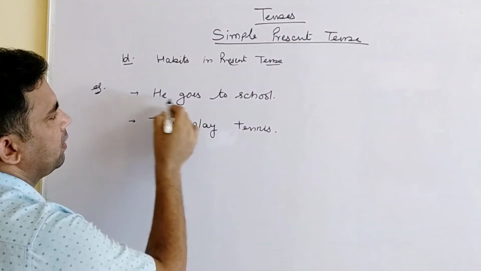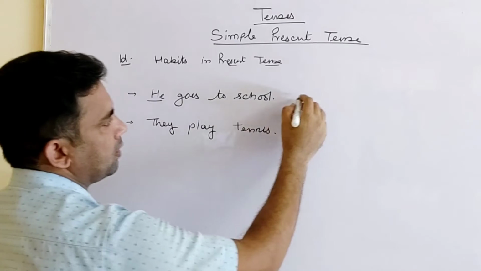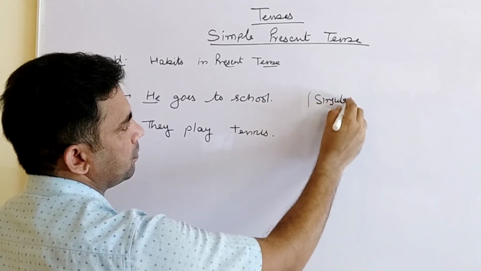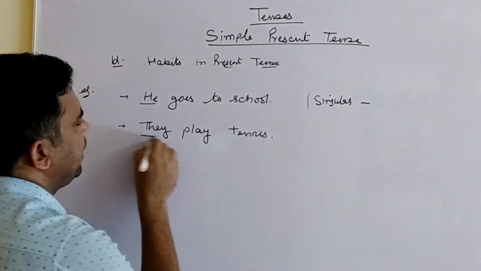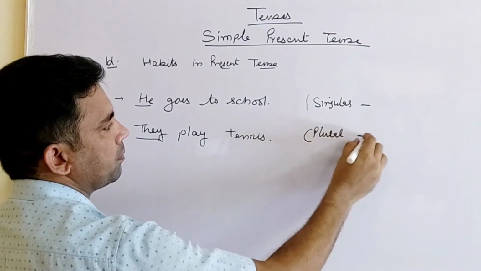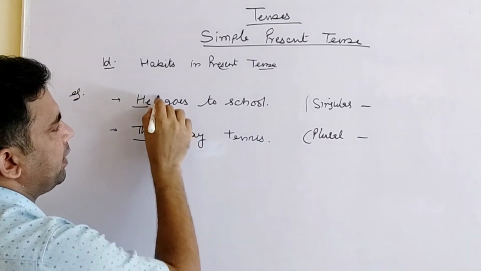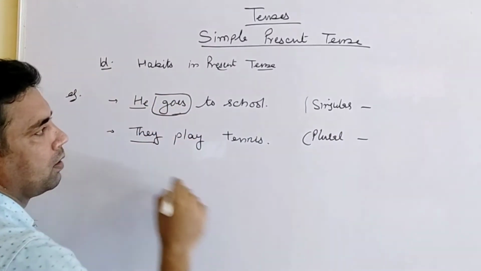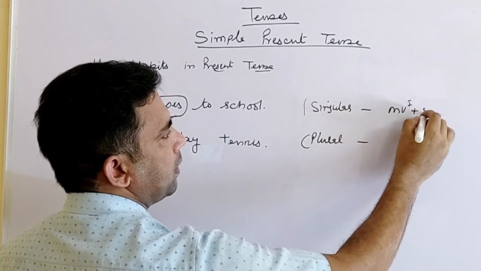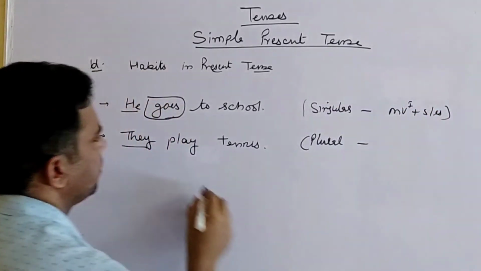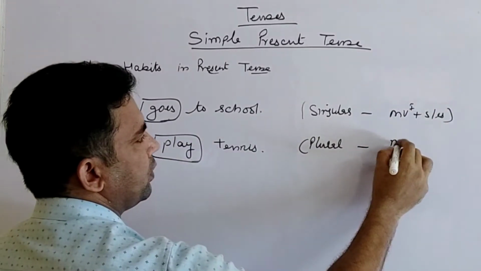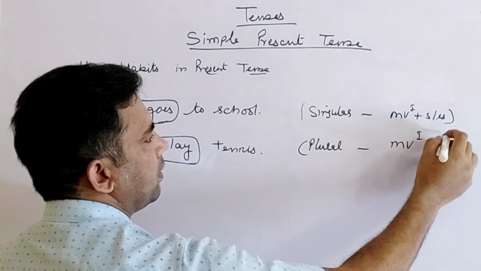You see one thing here: he is the singular subject. They is a plural subject. With he we are using main verb first form plus s or es, and with the plural they we are using only the main verb first form.